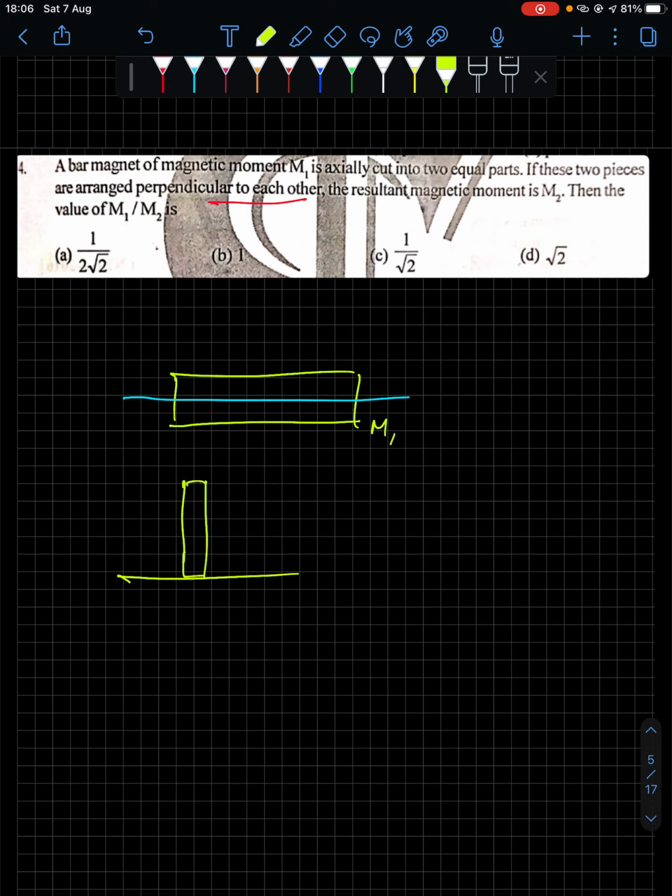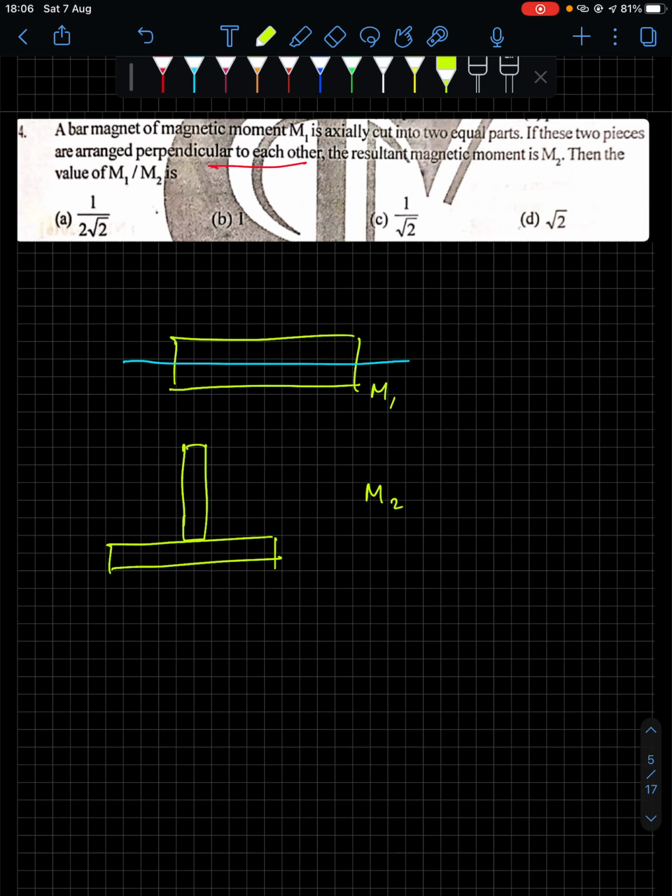Now you arrange them at 90 degrees to each other. In this situation the new equivalent magnetic moment is m2. Here the dipole moment of each part is m1 by 2 because you cut them axially. This entire piece was cut axially, and this piece is here and this particular piece is here.